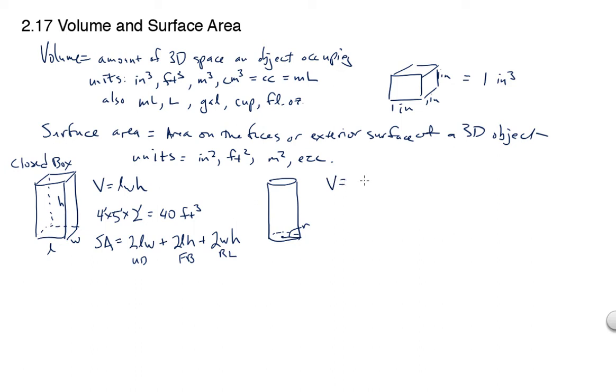Well, the volume of this, if I think of the whole base as one big area, is just the area of the base times height. Imagine that base is a pancake, and you're stacking a bunch of pancakes up to a height of h. You just have pancake after pancake, and eventually you'll fill up the cylinder, right?